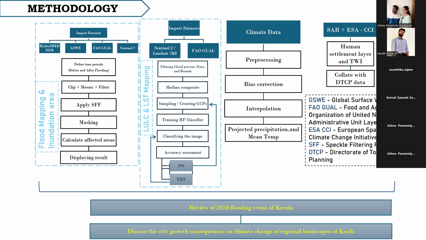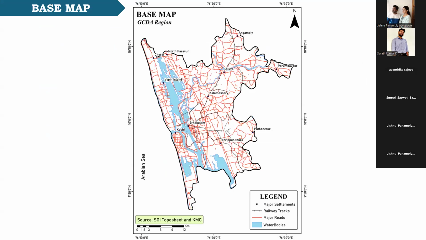From STAR data and the European Space Agency's Climate Change Initiative, I have retrieved the human settlement layer and topographical wetness index. Altogether, I have reviewed the major flooding event of Kerala in 2018, and I have discussed the city growth consequences on climate change of the landscape of the Kochi region.